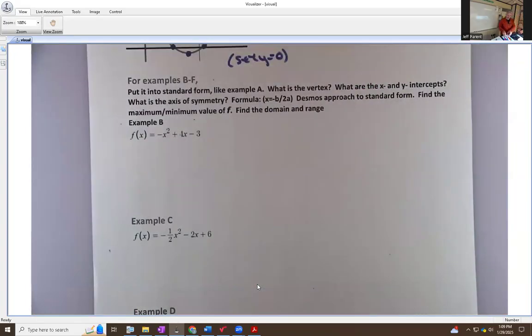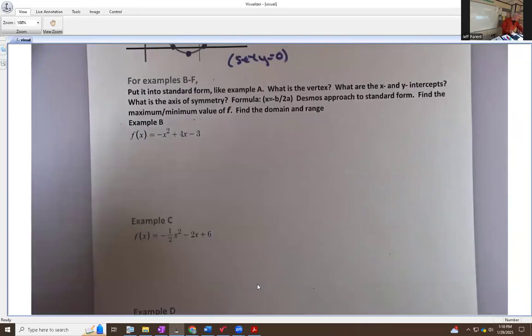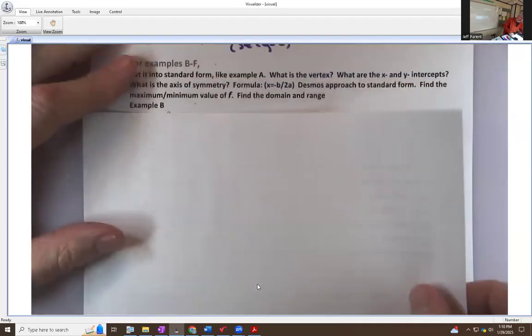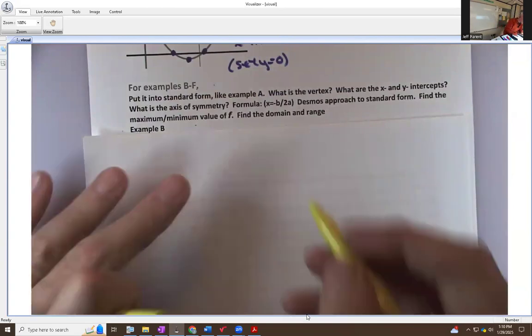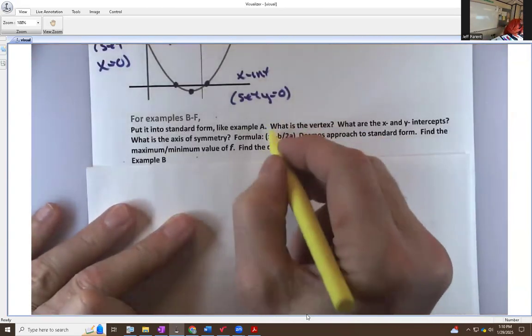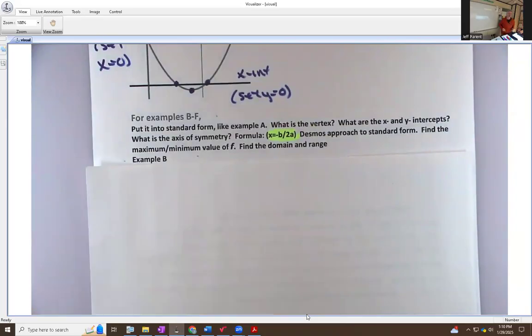There are a couple more things to finish things out so I can let you start working on Lightning McQueen. If you look at this little handout, one of the things it mentions is a little formula. And that's going to give you the x coordinate of your vertex.